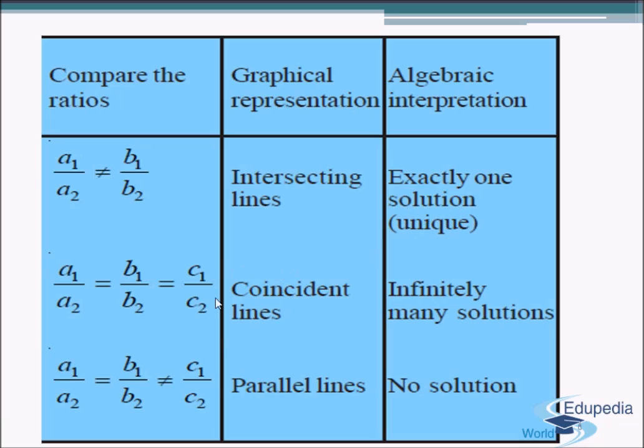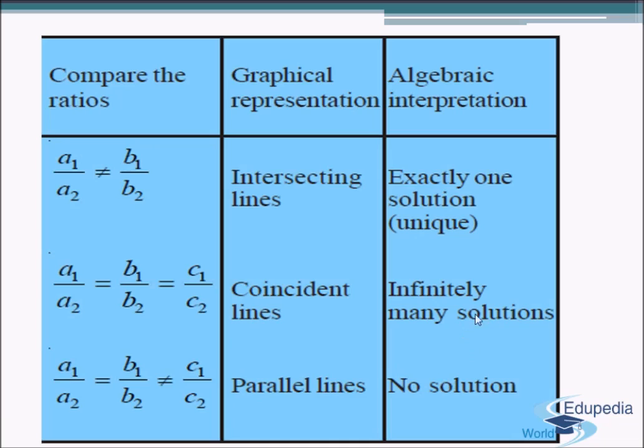If the lines are coincident, then the ratio of coefficients is equal and is also equal to the ratio of constant terms, and we have many solutions. If the ratios of coefficients are equal but not equal to the ratio of constant terms, the lines are parallel and we have no solution.